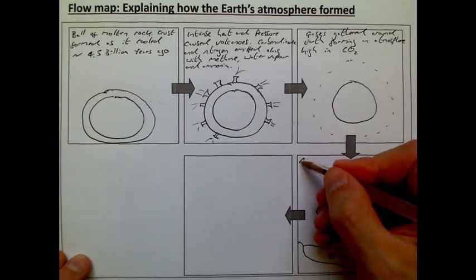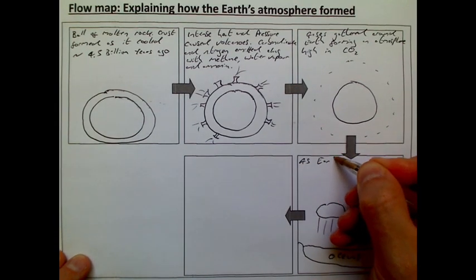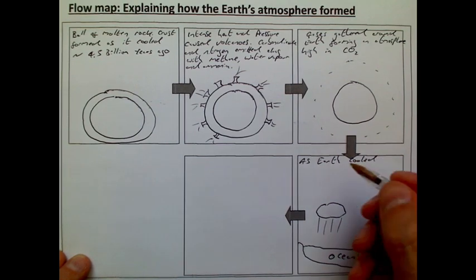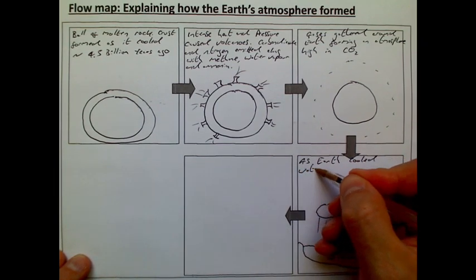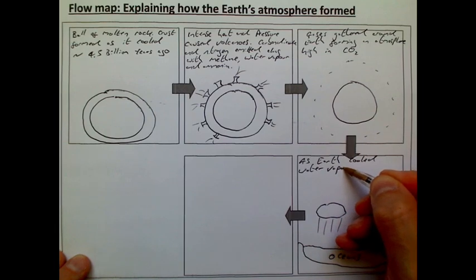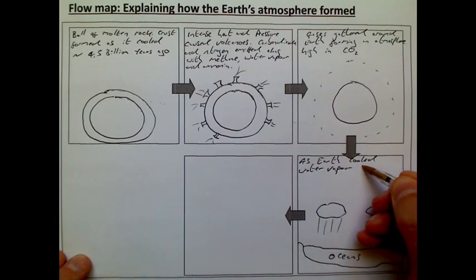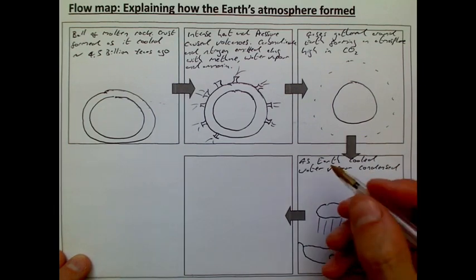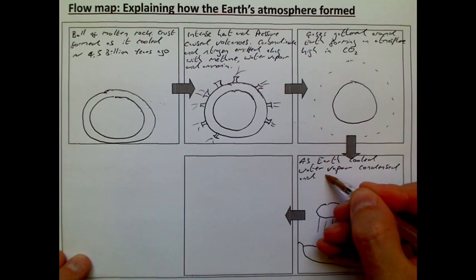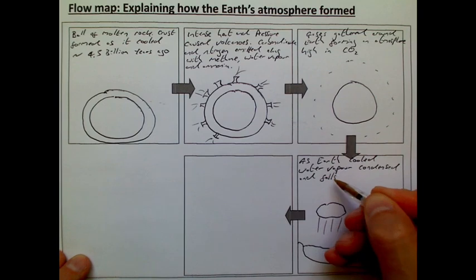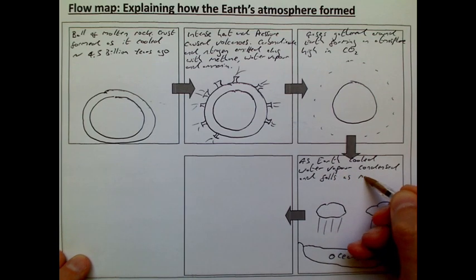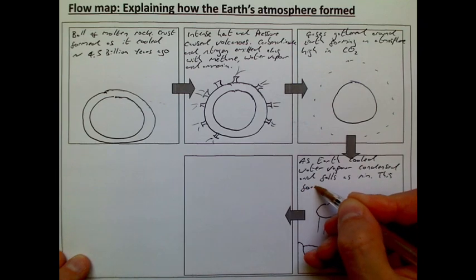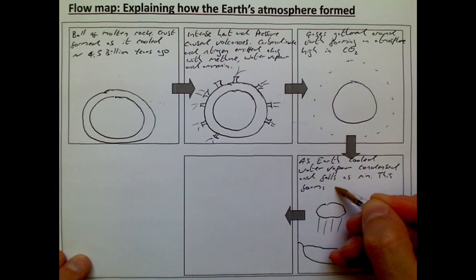So as Earth cooled, water vapor condensed and falls as rain. This forms early oceans.